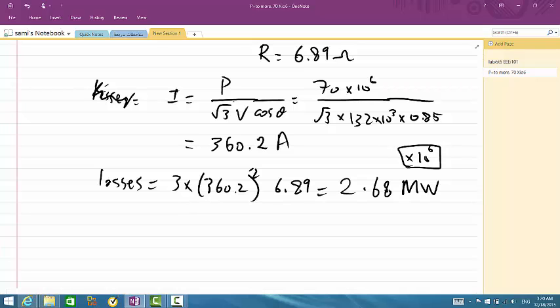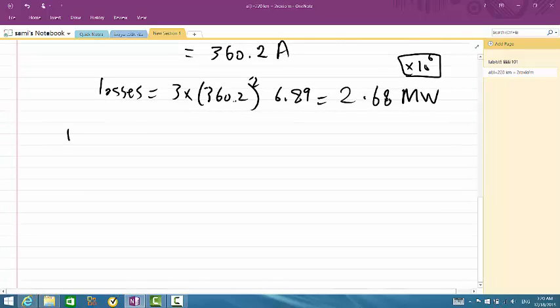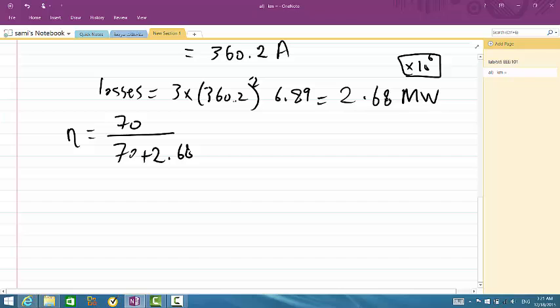So now we can find the efficiency. The efficiency is 70 megawatt divided by 70 mega plus 2.68, times 100, and this will give me 96.31%.